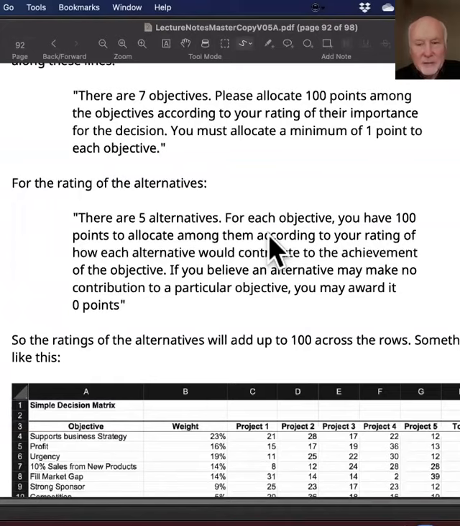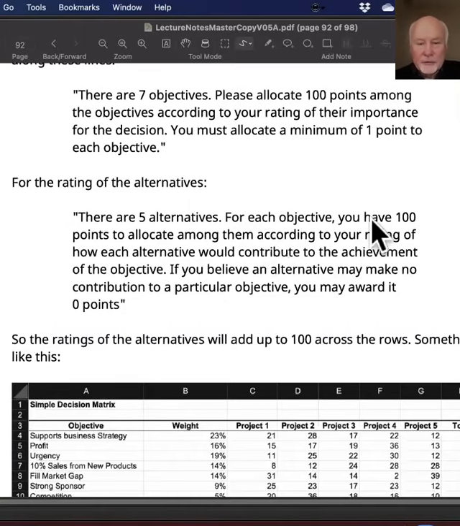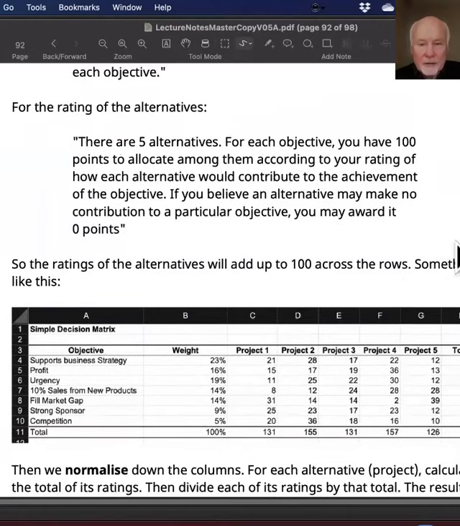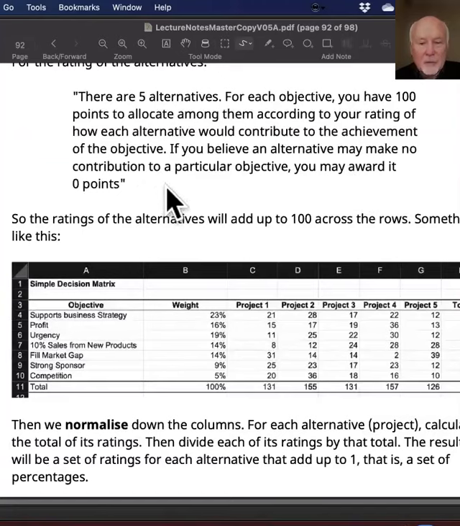You must allocate a minimum of 1 point to each objective, so that you don't have an objective with 0 weighting. Quite often in practice, if you're talking about 100 points, you might say a minimum of 5 points or something like that. And then for the alternatives, you can do that across the rows. For each objective, you have 100 points to allocate among the alternatives, according to your rating of how each project would contribute to the achievement of the objective. In this case, you're allowed to award 0 points.